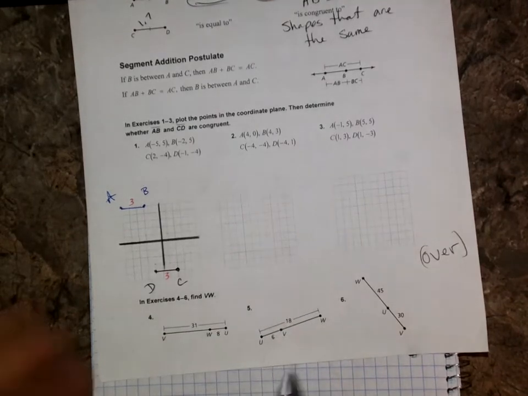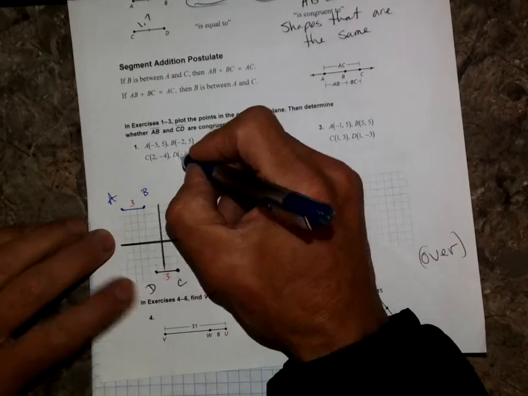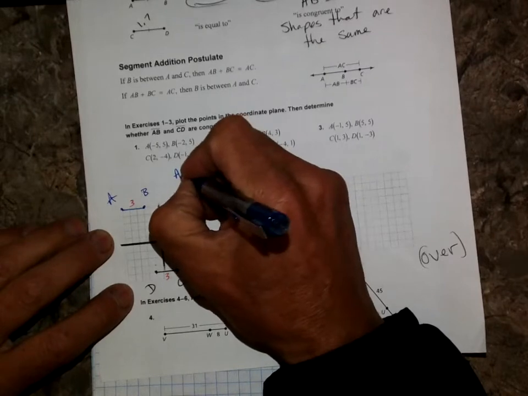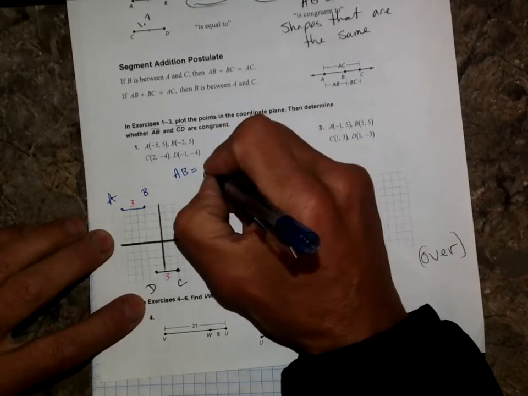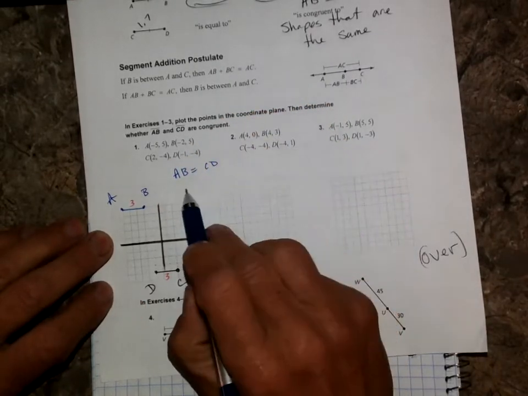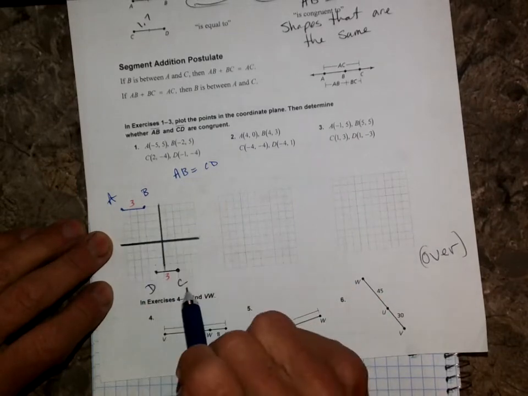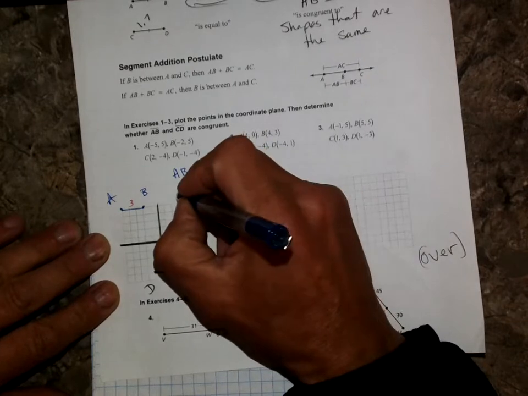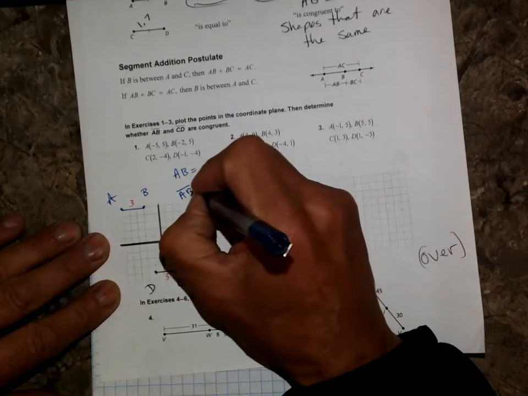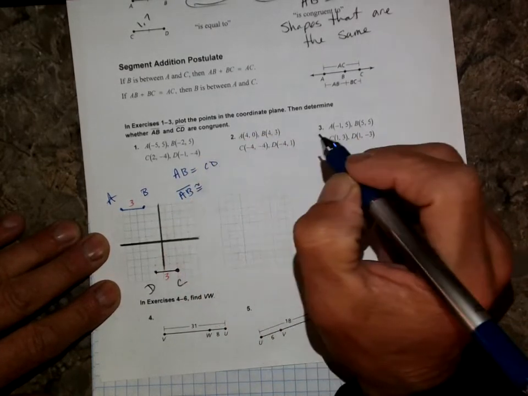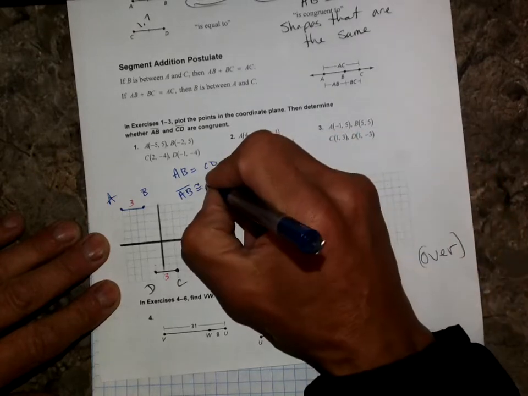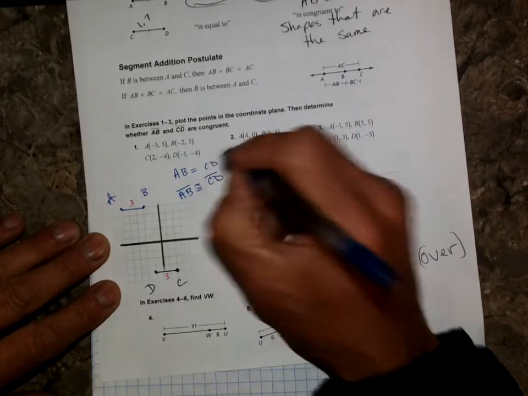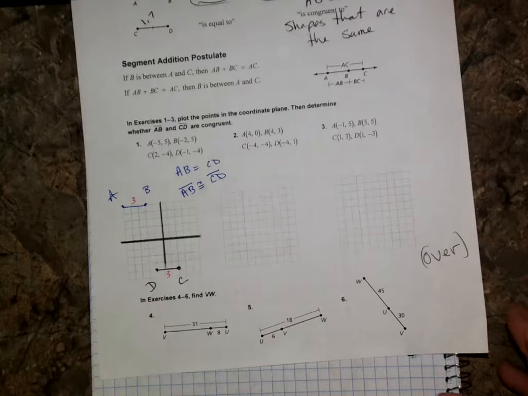First of all, they have the same length, so AB is equal to CD. I'm saying their lengths are the same. They're both 3 and 3. And because they have the exact same shape, I'm going to say AB is congruent to CD. It's kind of different, but we'll get used to it, okay?